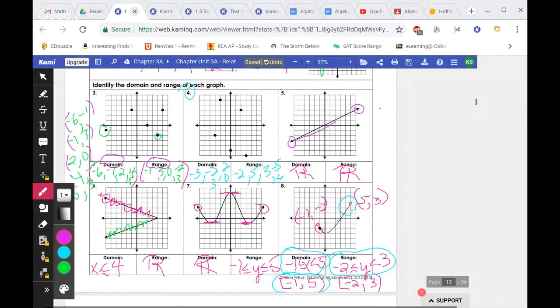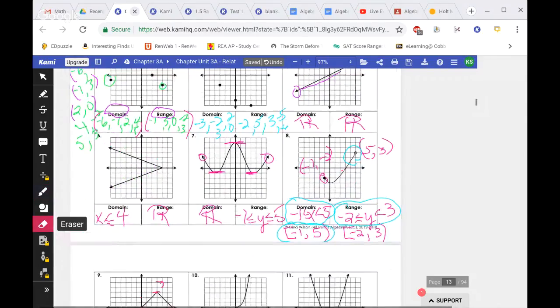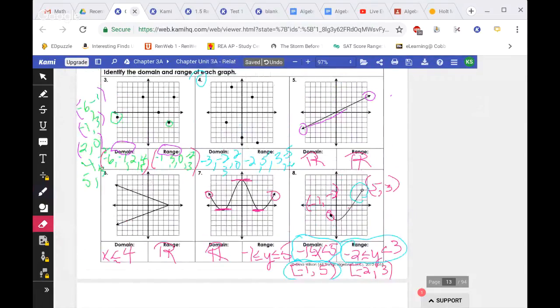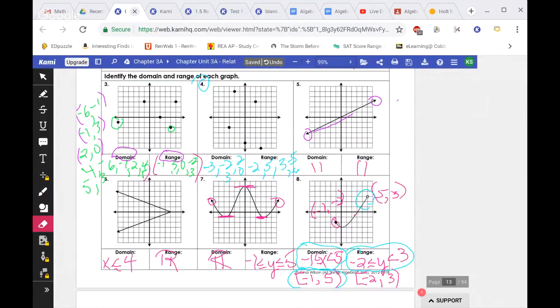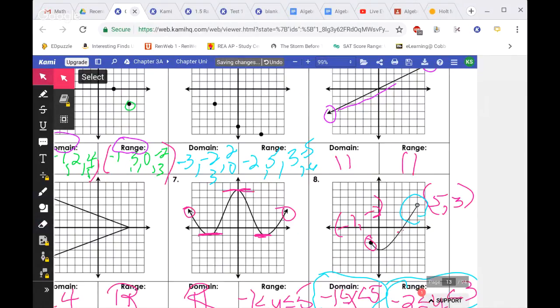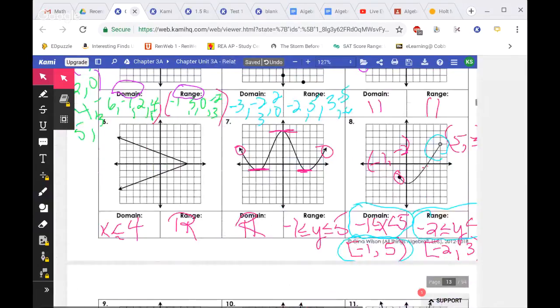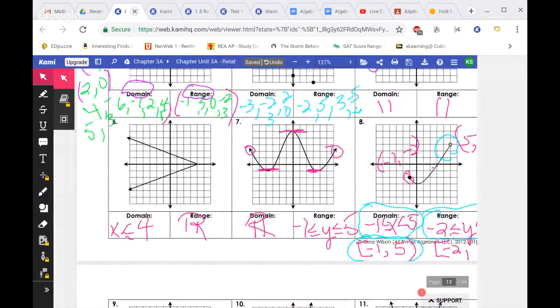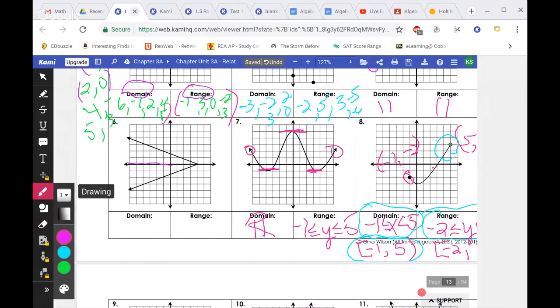That's not necessarily the case for number 6, because this one, when we're checking out what's going on left and right, hang on. I was trying to make it bigger so that my writing wouldn't be quite as ugly. So I'm going to erase these and talk about it a little bit more. Remember, the domain is what's going on the x-axis. This part right here. Nothing else but what's going on there.